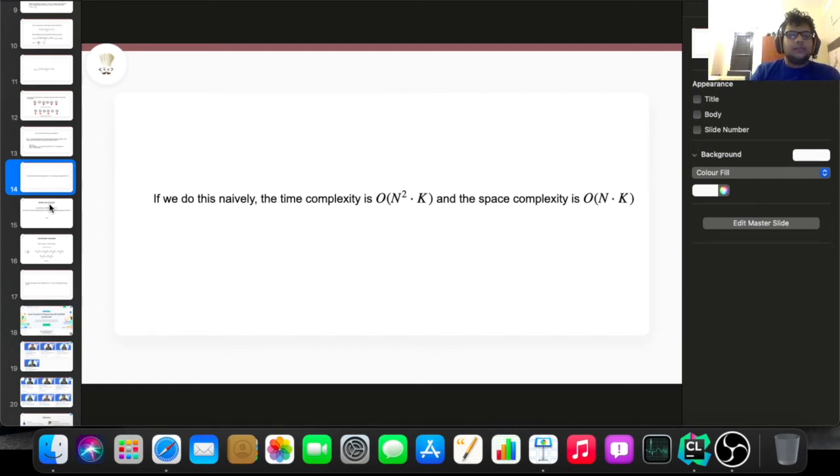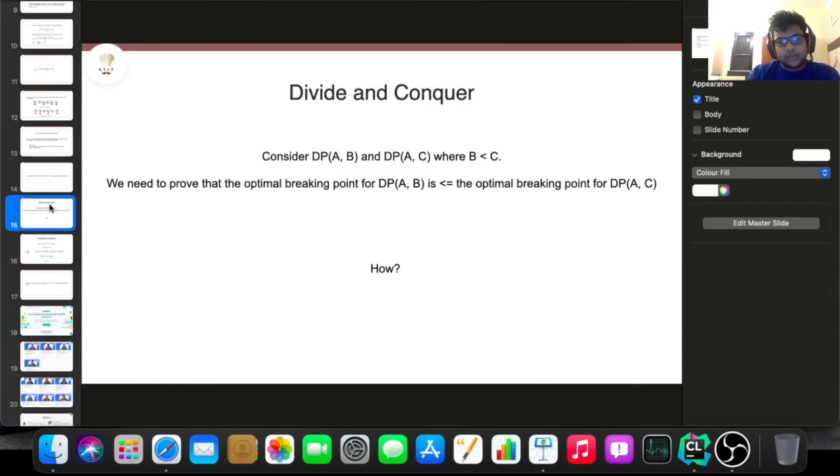So to make it faster, we're going to use something called divide and conquer DP. It'll be great if you have already read this, but if not, I'll very mildly touch upon it. The requirement for divide and conquer DP is this.